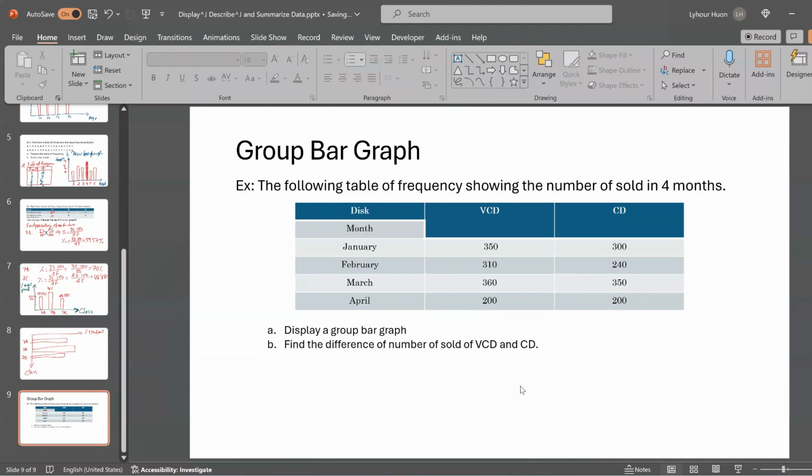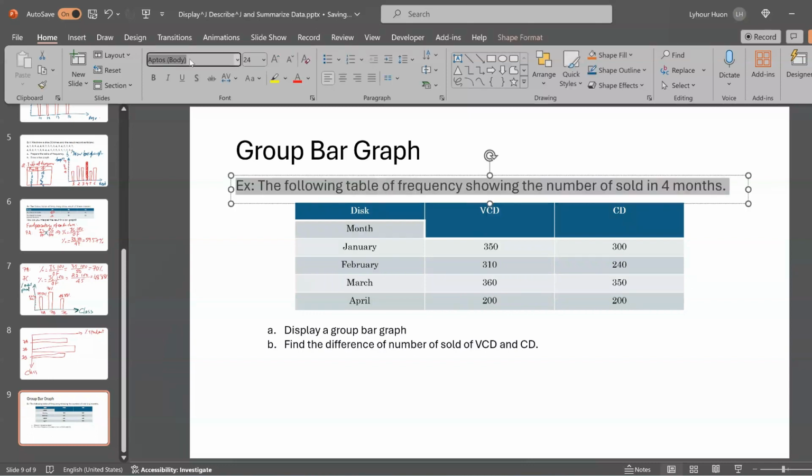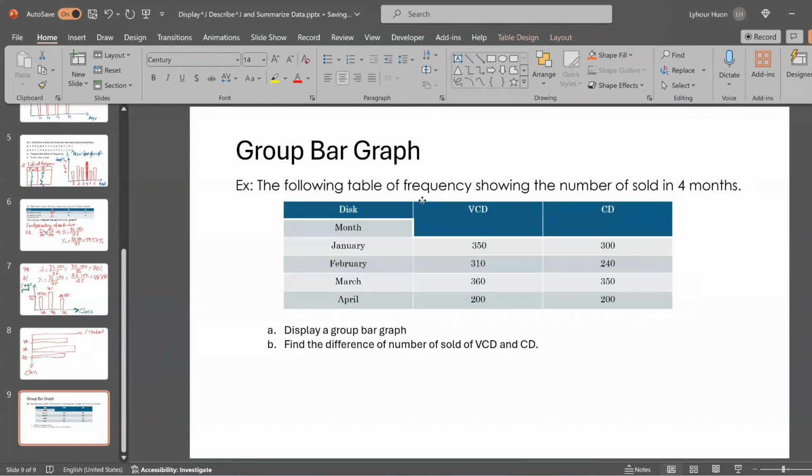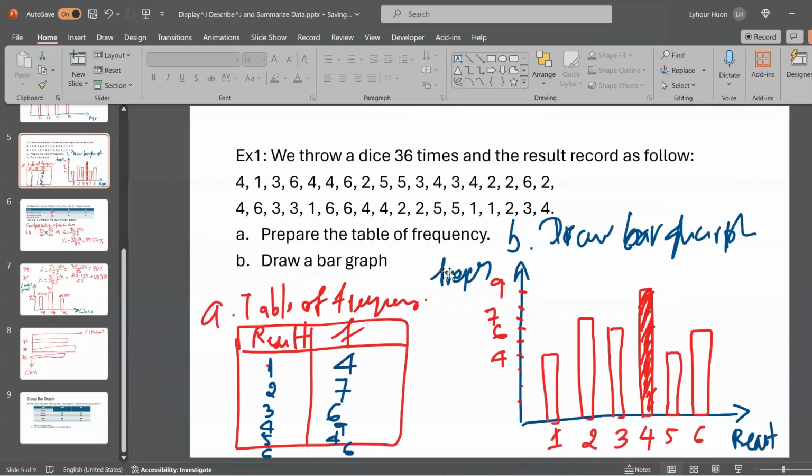So when we have two data or more than two data, we cannot use the bar graph. With one bar graph, it can only display just one type of product or one type of frequency.